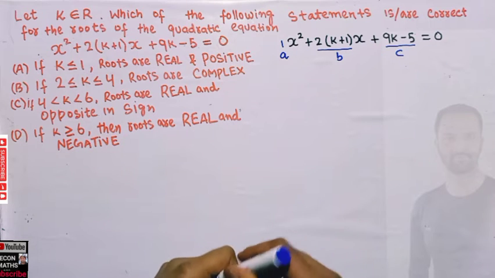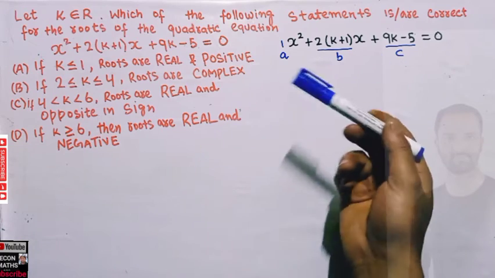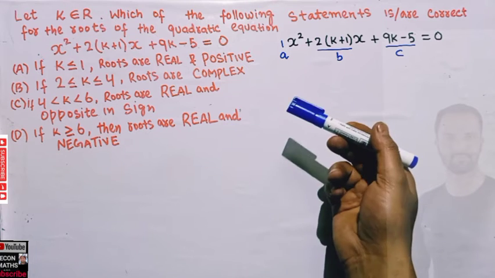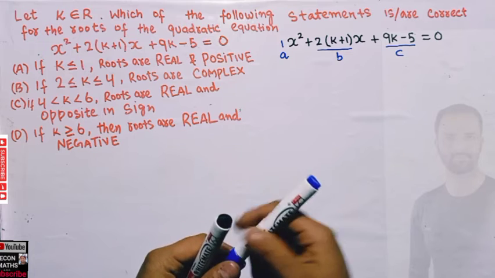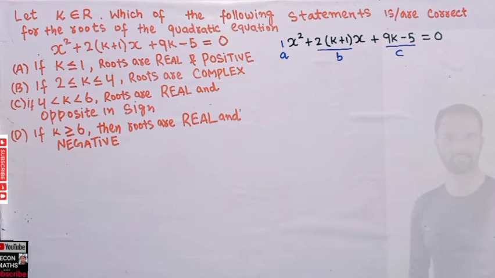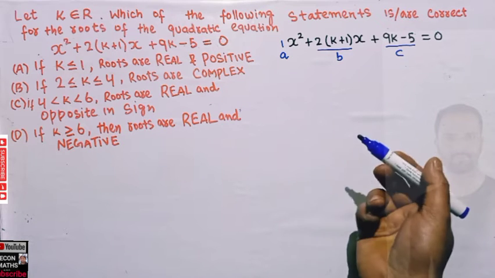So to see whether this quadratic equation has real roots, complex roots or equal roots, what we need to do is look at the discriminant of this quadratic equation. How do we find the discriminant? It is very simple.